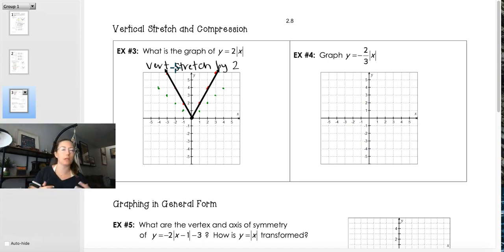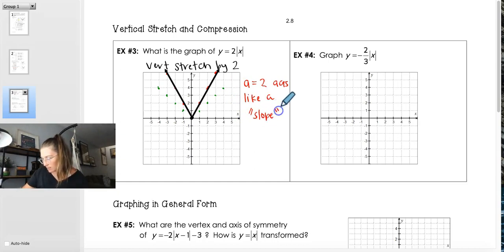Another way to think about this, but really you can only think about this on lines or this absolute value function, so I don't use this often because it doesn't apply to all of my functions, is you can think of this stretch as the slope, quote unquote. It's not really a slope, but it's just a way to think about it. So a equals 2 acts like a slope, quote unquote.